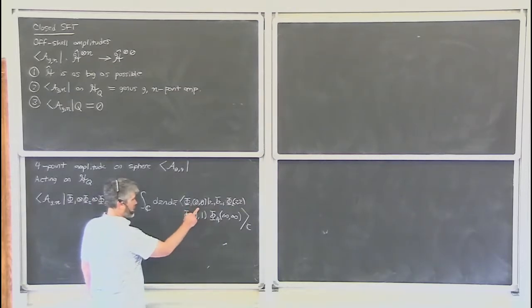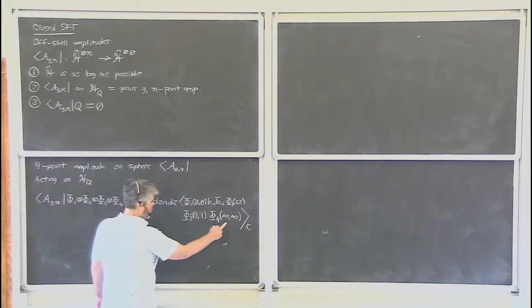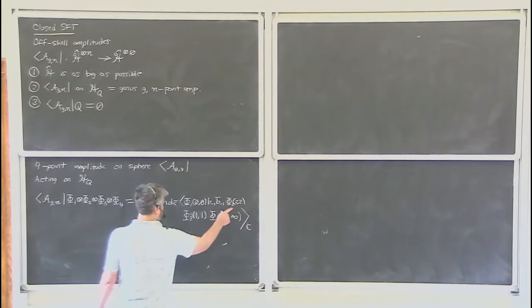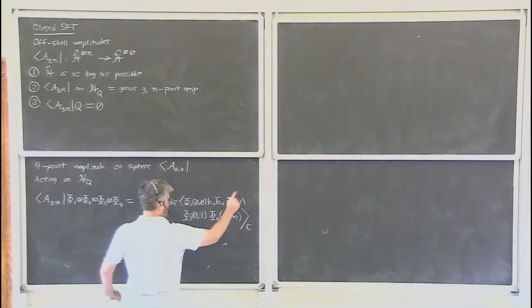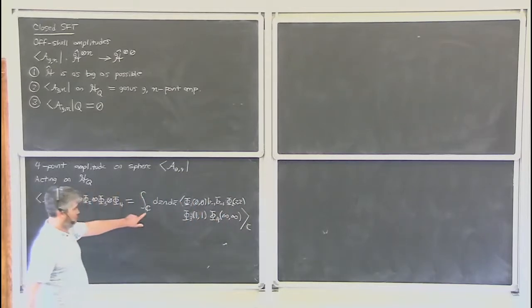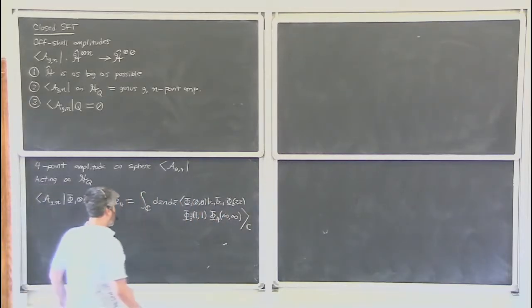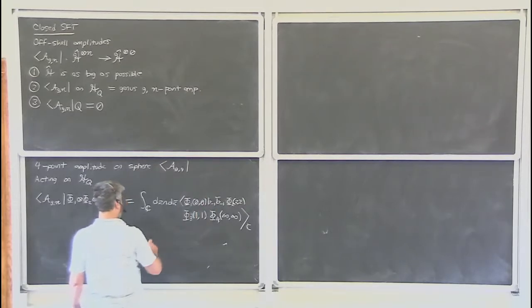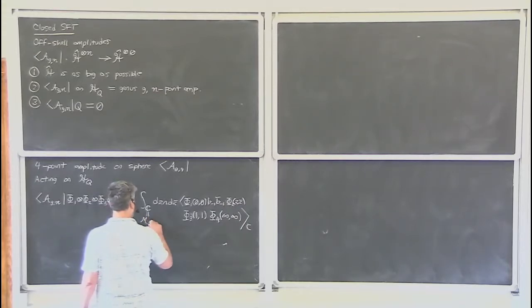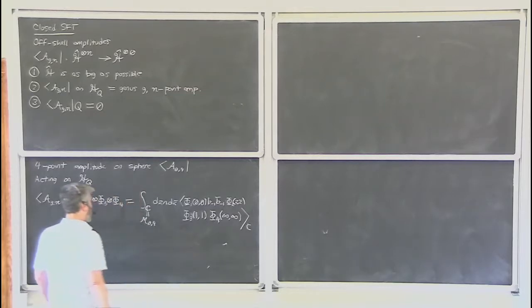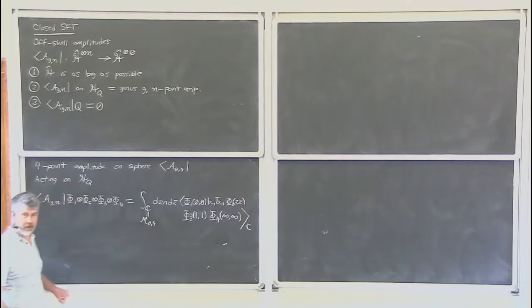We inserted phi 1 at 0, phi 3 at 1, and phi 4 at infinity. And this leaves the position of one remaining vertex operator, which I've chosen to be phi 2, unfixed, and we have to integrate the position of this operator over the whole complex plane, or over the whole Riemann sphere. The Riemann sphere in this case is actually identified with the moduli space of genus 0 Riemann surfaces with 4 punctures.